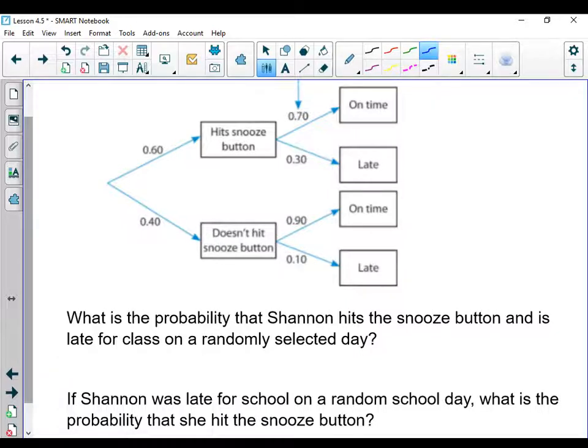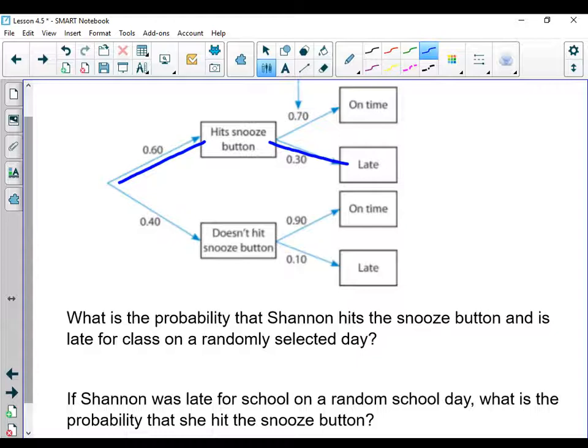Well, what I like to do is just follow the branches for the situation. So the first thing they said was that she hits the snooze button, so we'll be following this branch. Then it says that she's late for class on that day, so that would be following this branch because she ended up being late.